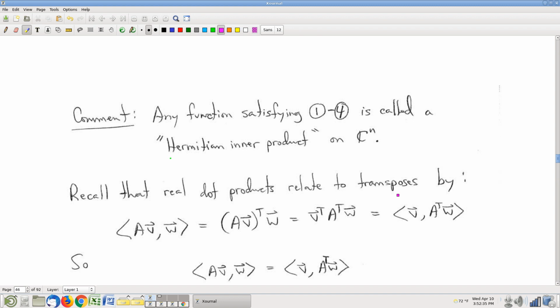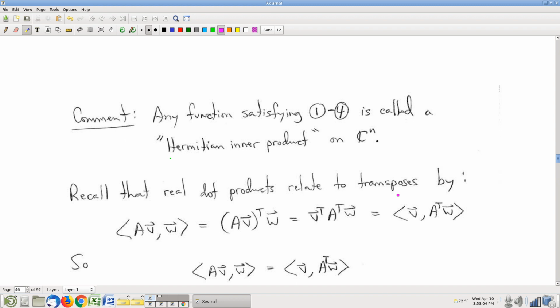Okay. So with that in mind, we've got these dovetailing ideas. If you tweak one of them, right, we're taking the dot product, we now have a modified dot product. We have a Hermitian dot product. Reasonable question: how would you have to modify the notion of transpose to make the new dot product dovetail in just the same way with a new modified notion of transpose?